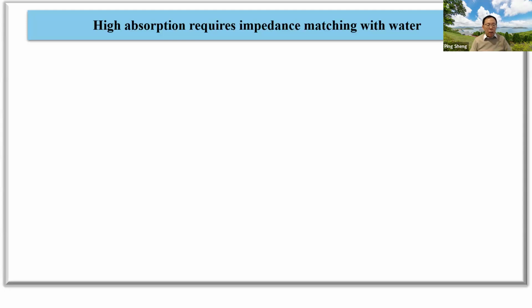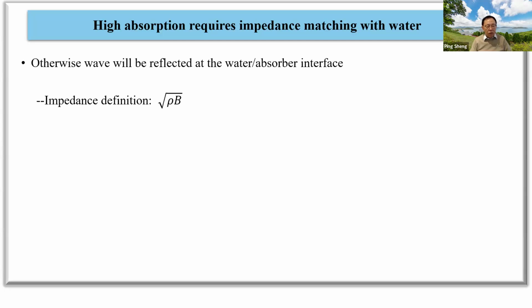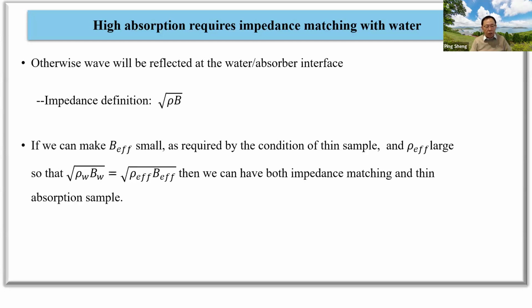So we would require impedance matching again. So the impedance definition we know is the square root of rho times B, the bulk modulus. If we can make B effective small, then in order for impedance match, we want rho effective to be large.